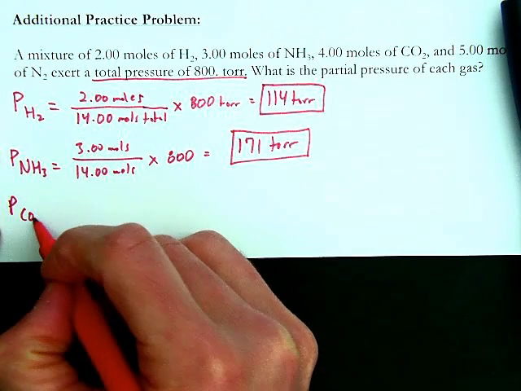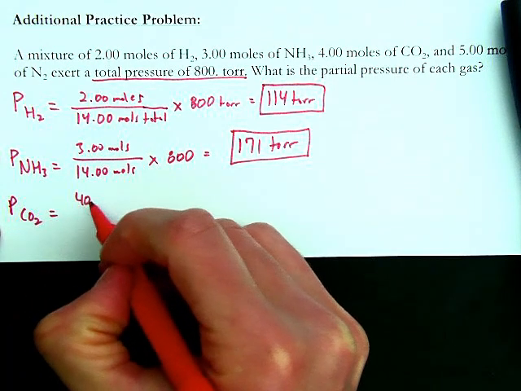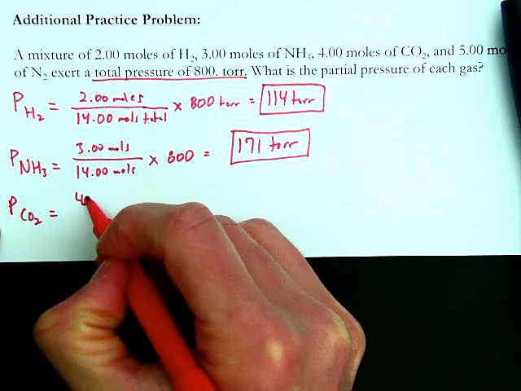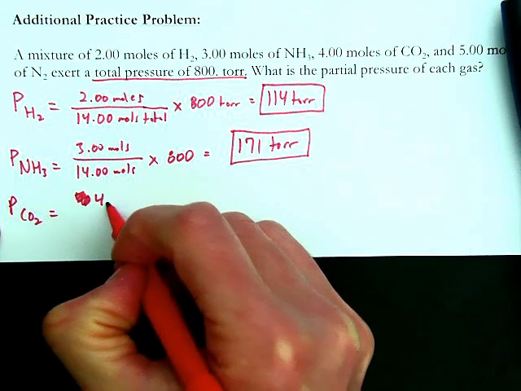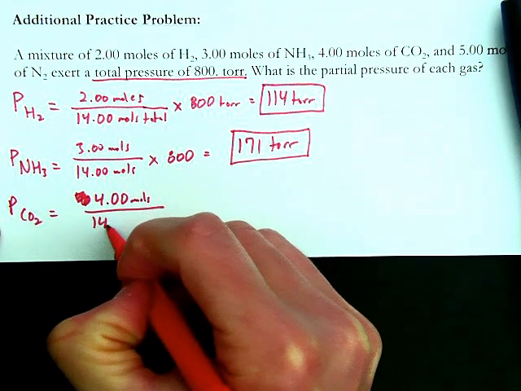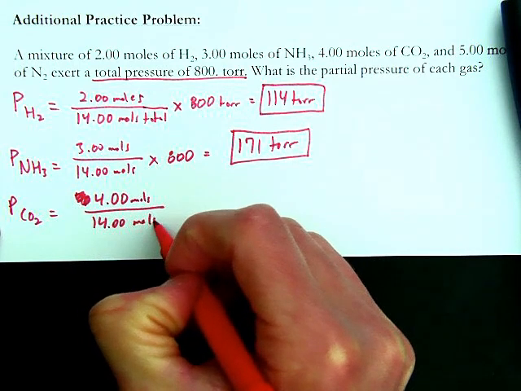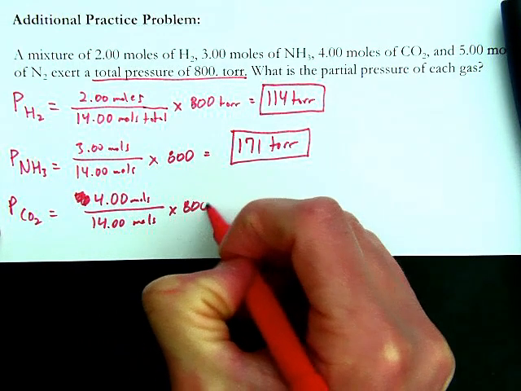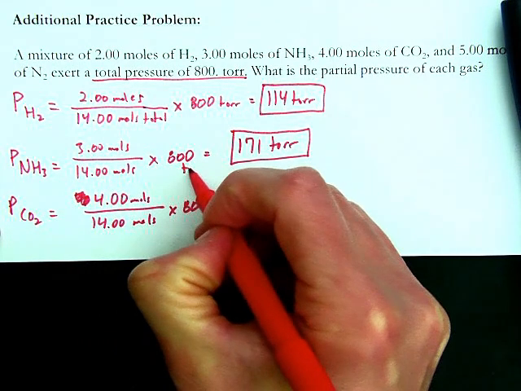The pressure of the CO2 is 4.0 moles of the 14 moles times 800 torr.